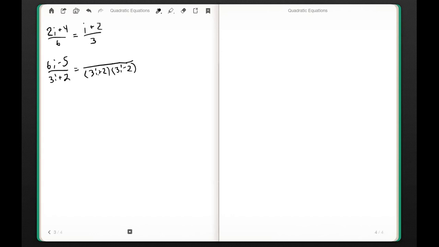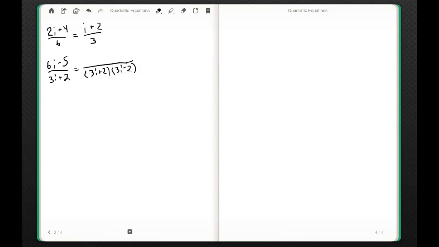So what we actually did here is called multiplying by the conjugate. This 3i minus 2 is the conjugate of 3i plus 2. The conjugate is just the same expression here, where you have some i's plus a number, except the number, you change the sign of the number so that the i's will disappear.